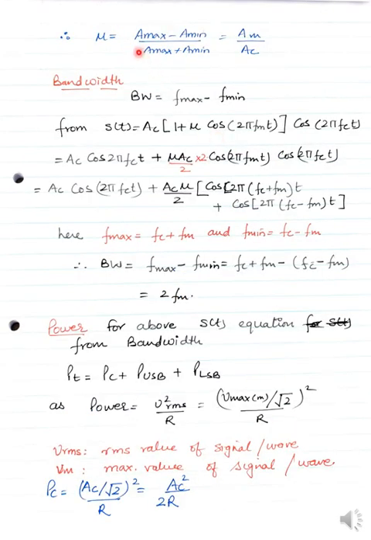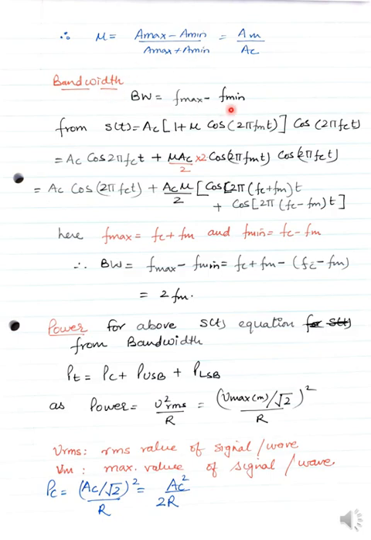So mu, which is Am divided by Ac, is equal to (A max minus A min) divided by (A max plus A min). So this is the relation of the modulation index with respect to the modulated signal's maximum amplitude and minimum amplitude.